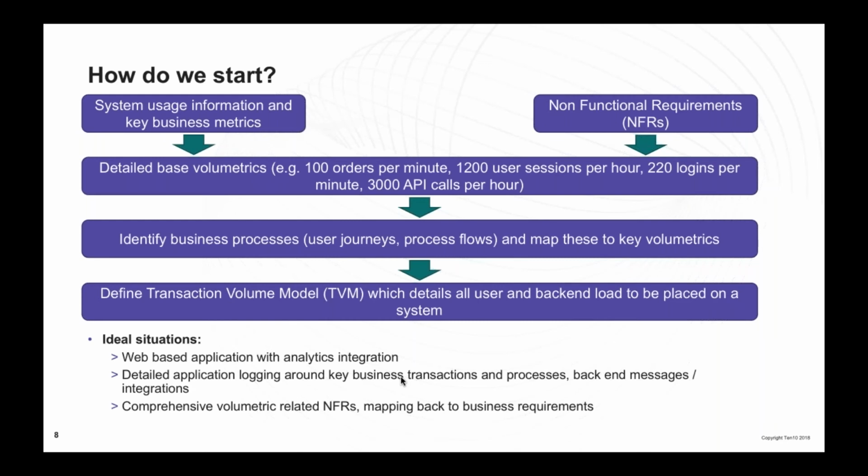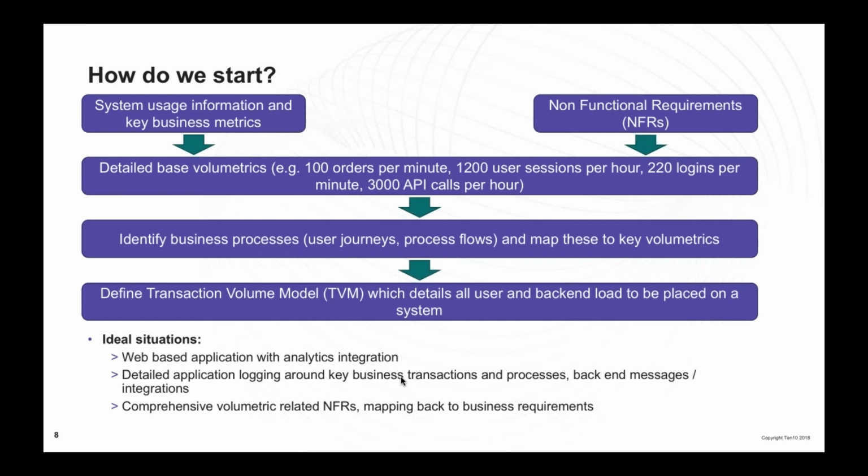So next we need to understand the non-functional requirements of the system, and we're particularly concerned here with the volumes of activity the system should support, and when it's supporting those volumes, the times that it should be taking to respond, essentially. So how fast should a particular transaction be?